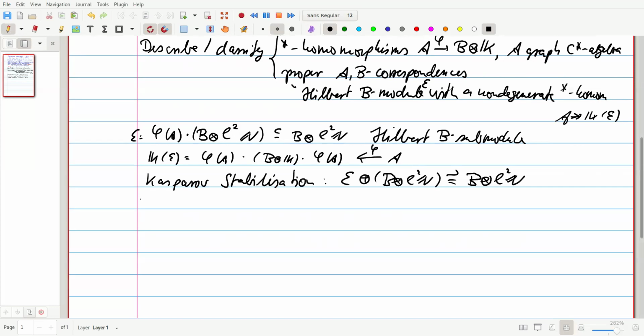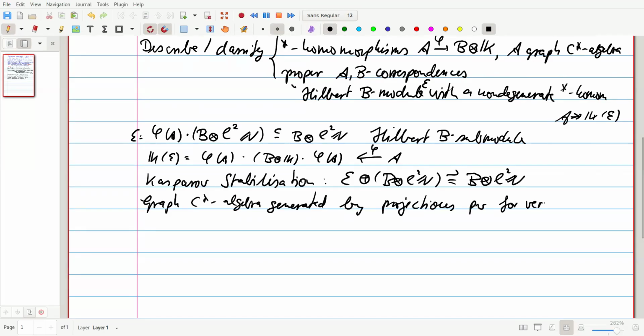So a graph C-star algebra is generated by projections P_V for vertices and partial isometries S_E for edges.